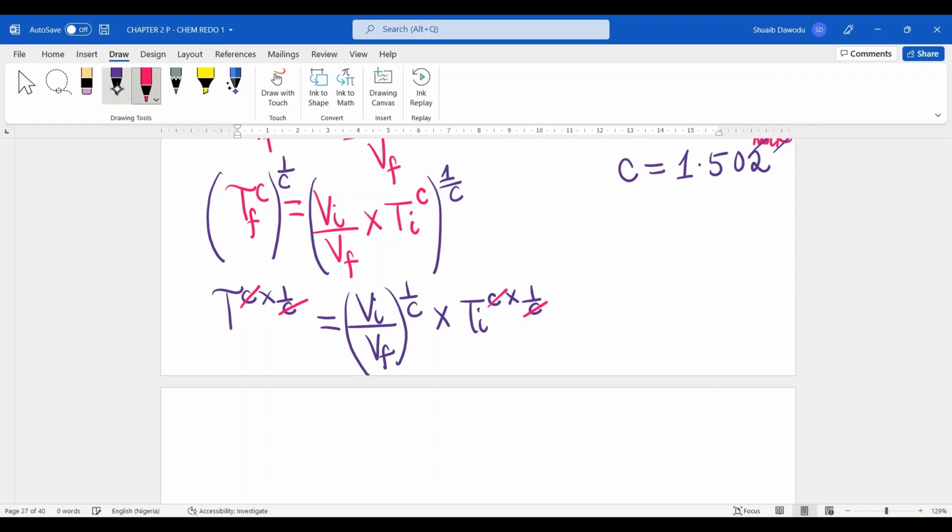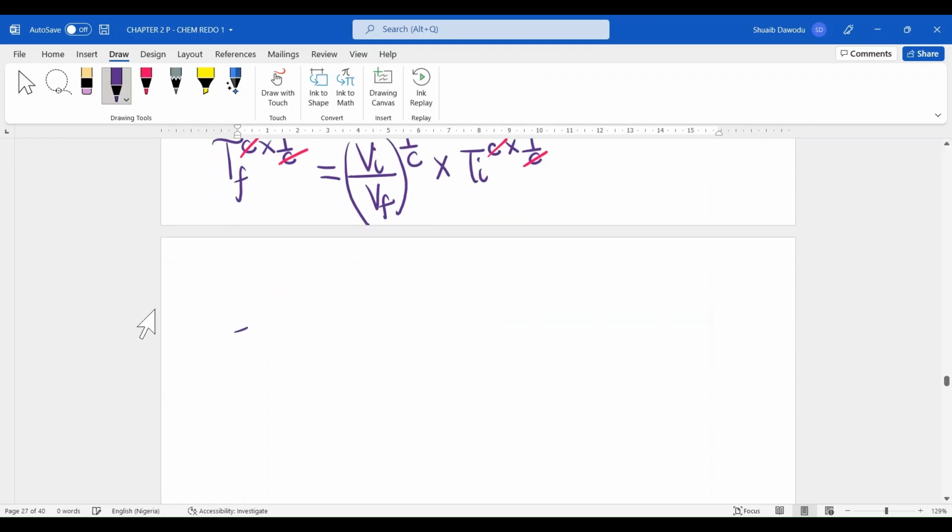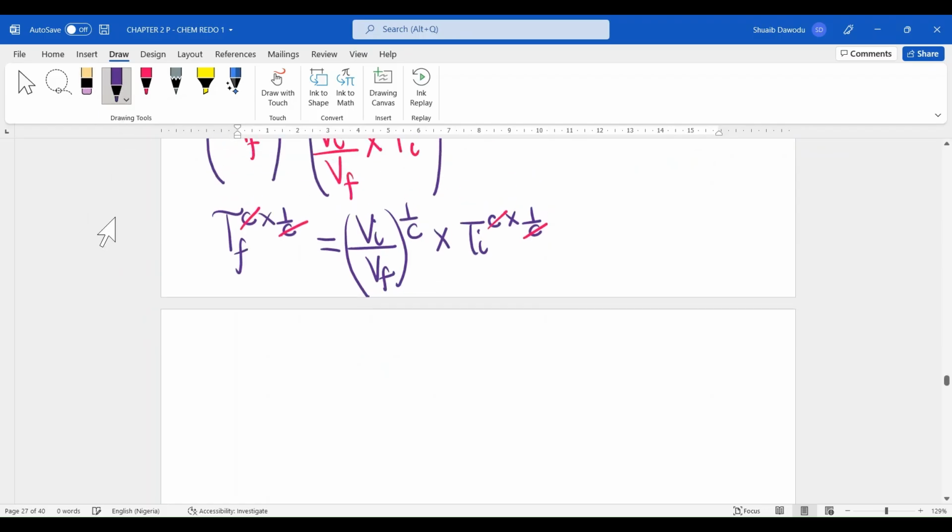This way, the work is easily digestible and easy to calculate when we substitute, because it becomes a lot more complicated if we have many powers in comparison to having fewer powers to work with. So T final is simply V initial divided by V final raised to the power of 1 over C, times T initial. So this is the new formula.